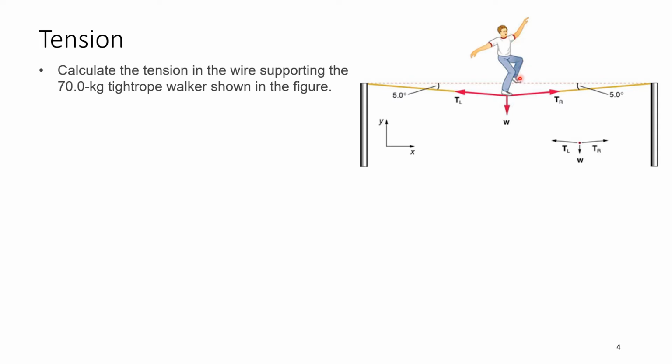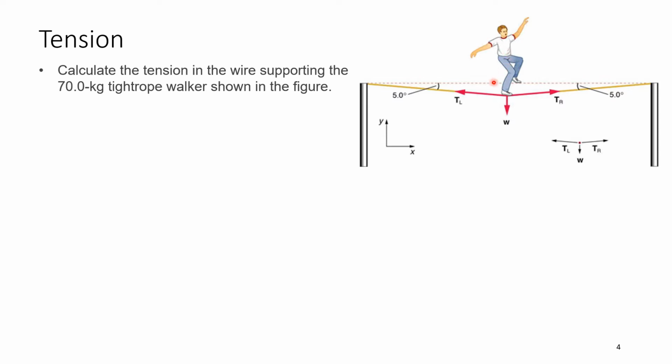The system of interest is the tightrope walker, and the only external forces acting on him are his weight W and the two tensions. It is reasonable to neglect the weight of the wire itself. The net external force is zero because the system is stationary.